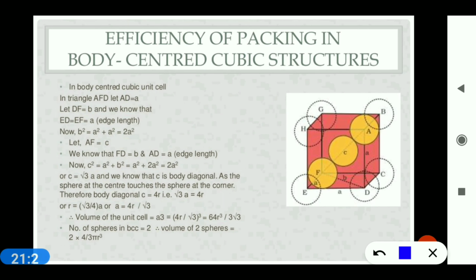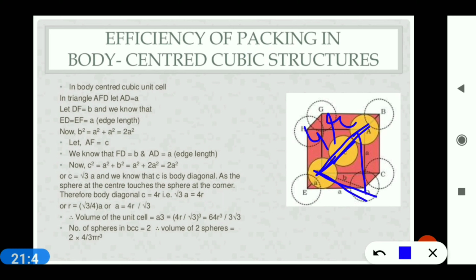In triangle AFD, this AD is the edge length. DF is X, we have to calculate, and ED and EF, this you know, this is the 4R. How 4R? Center one 2R, corner ones R and R. So total 4R.